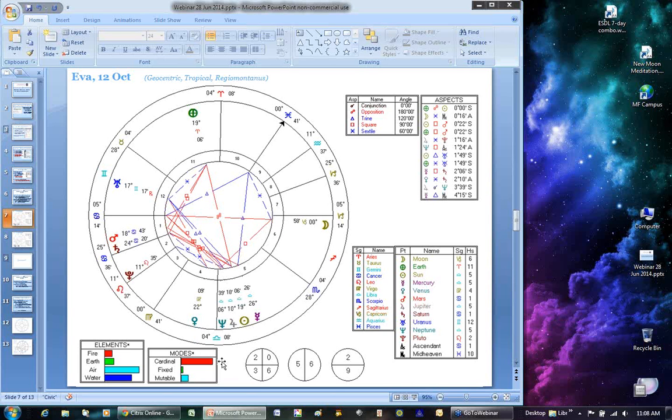Then we move to elements. The element of air is definitely the strongest. And yeah, I spend a lot of time thinking. I'm a lot in my mind. I don't have a lot of fire, but I compensate for that with cardinality, which is action. And fire is, you know, you think of Mars, and you think of fire as passion. Fire is outward going.